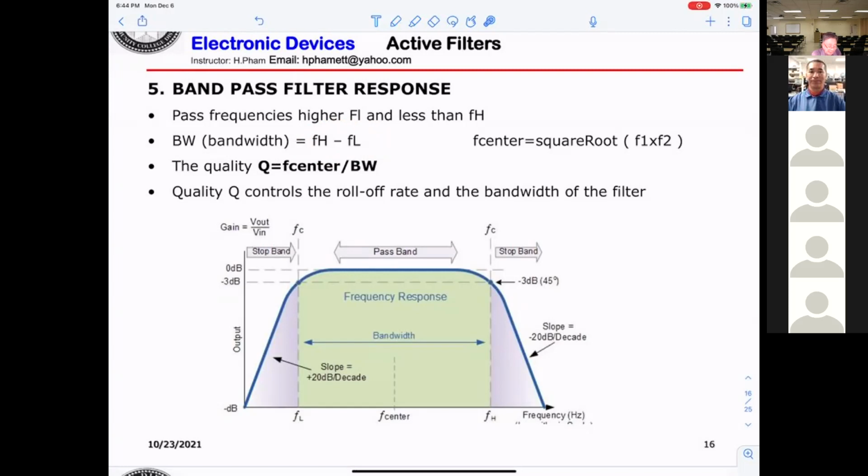If they want the quality Q, that will be equal to F center divided by the bandwidth. F center equals the square root of F1 times F2. Quality Q controls the roll-off rate and the bandwidth of the filter.